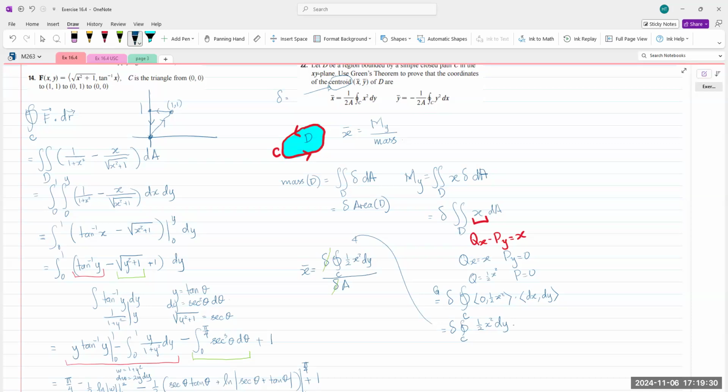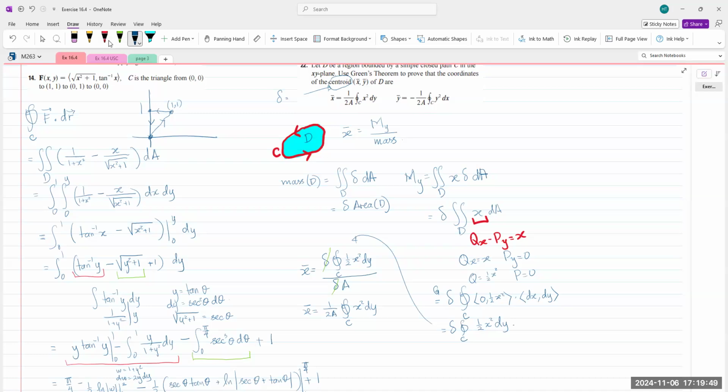I can bring the 1/2 out, and we are left with the integral over closed curve C of x squared dy. That's for the x bar. Now you can try your y bar the same way.